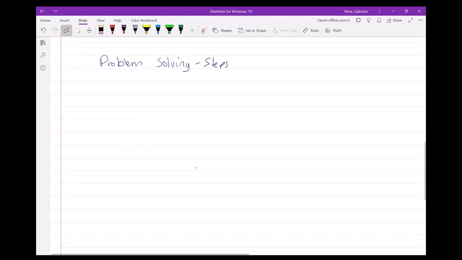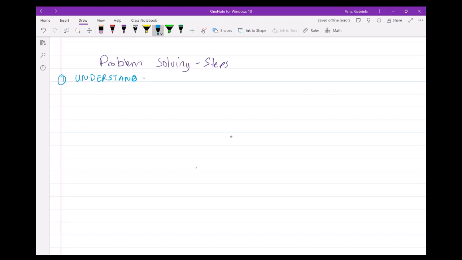Let me make it a little bit bigger. And then start the numbers. We need to understand. That's the first thing. We need to understand the problem during this step. We need to become comfortable with the problem in some ways of doing so.